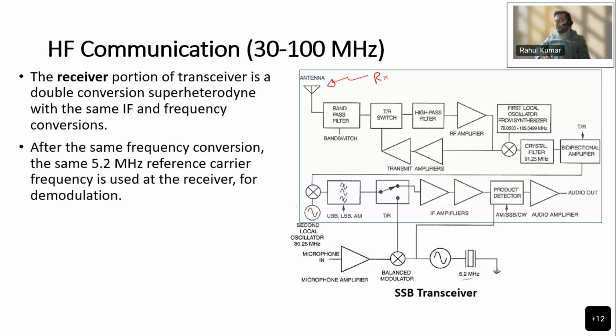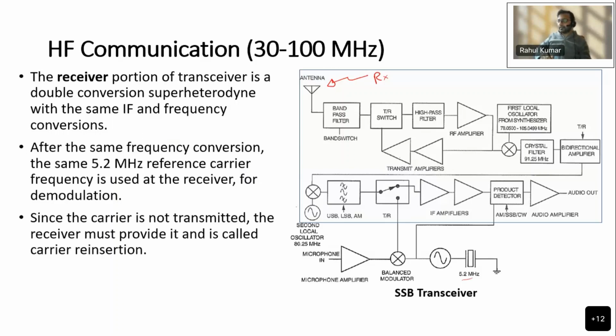Then to demodulate the received SSB signal, the same 5.2 megahertz frequency carrier must be used. For demodulation you have to use the same 5.2 megahertz carrier.